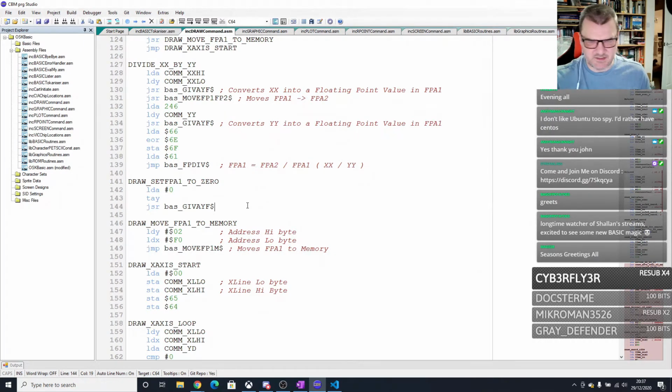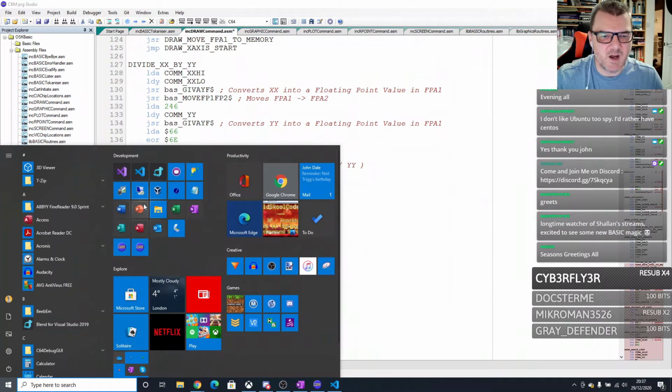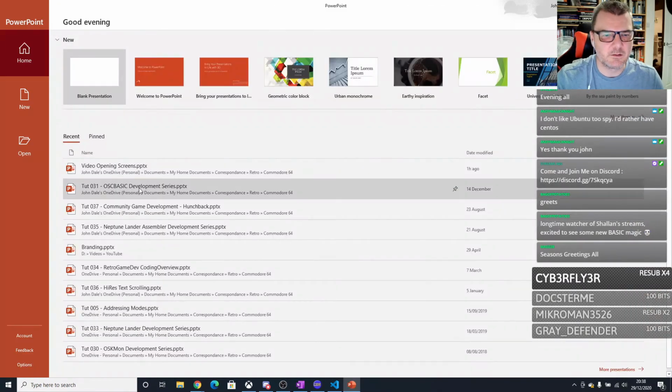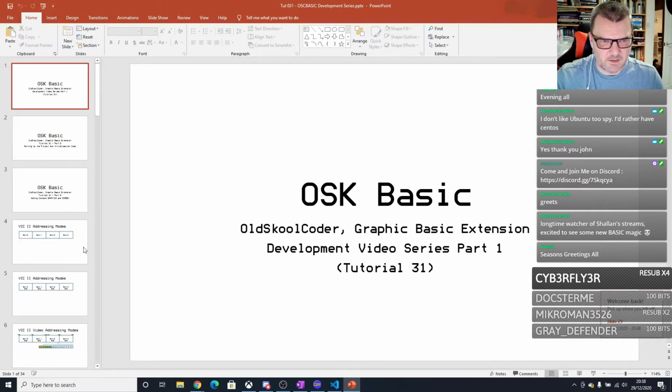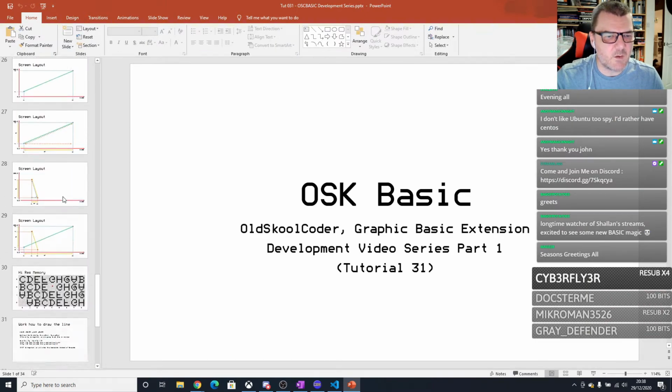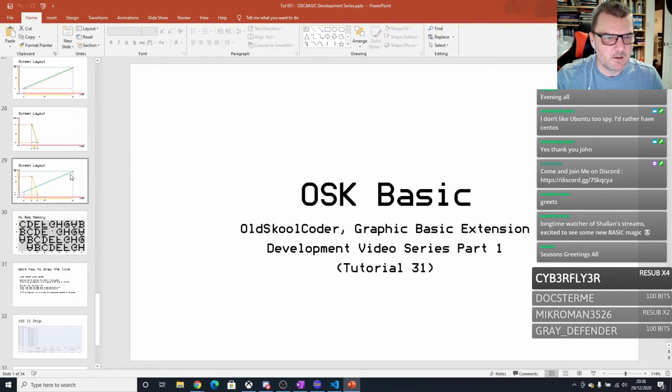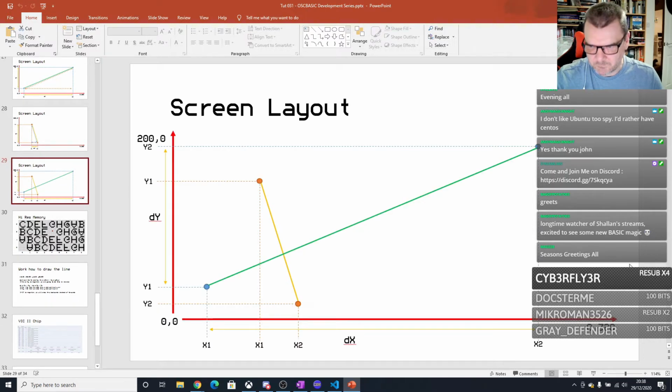And I explained that, I think, when I did my presentation. Do you know I missed a slide when I did it? I missed a slide. Anyway, this one. So this is basically showing it. If we have a line, the green line from here to here, then we would run along the x-axis because the difference of x is bigger than the difference in y.